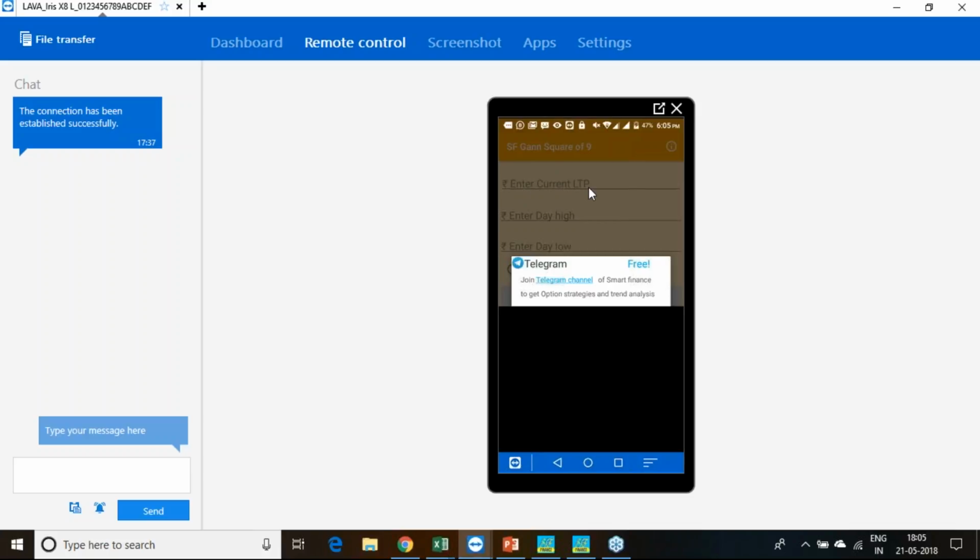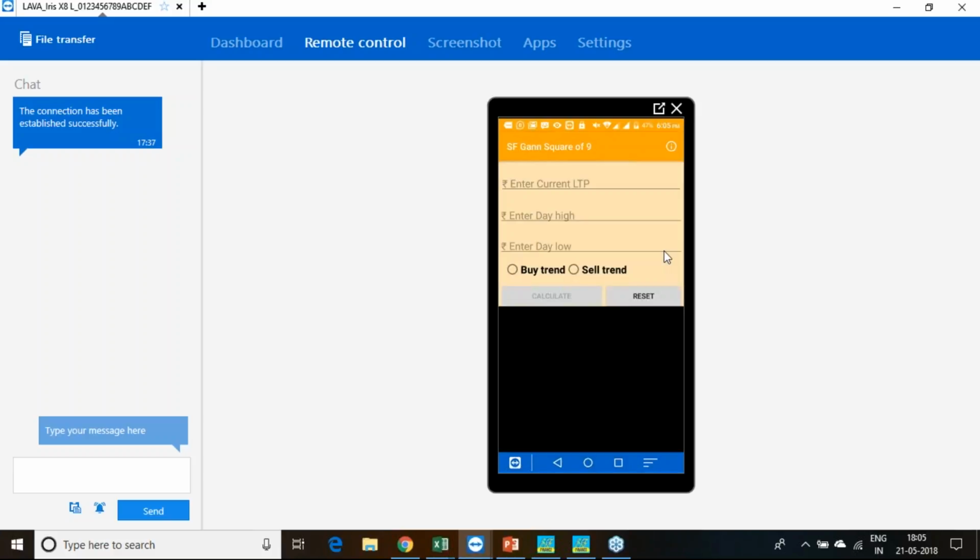You have to enter the current LTP, high and low, and tell the system whether you want to initiate a buy trend or sell trend, and hit the calculate button, and it will give you the outcomes. This is what we have to do for the Gann square of 9. See, the values are being given here. So how it works, you just see here and press calculate.